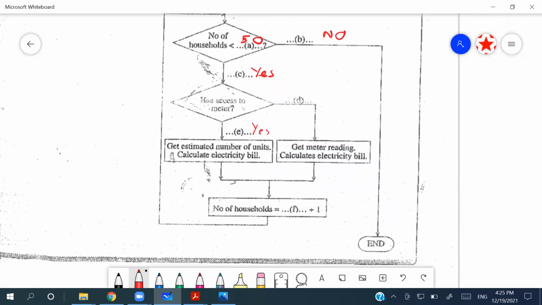And then number of houses is going to equal number of houses plus 1. So this is going to be no as well.